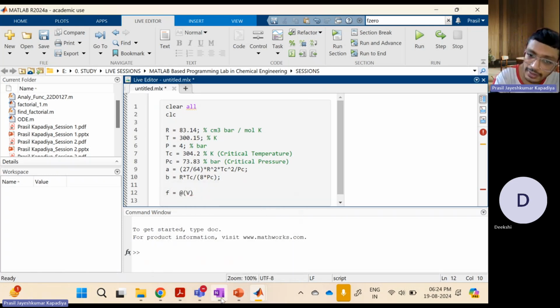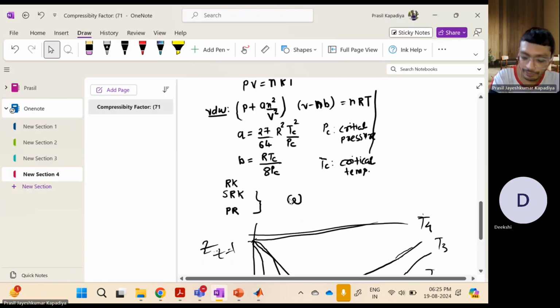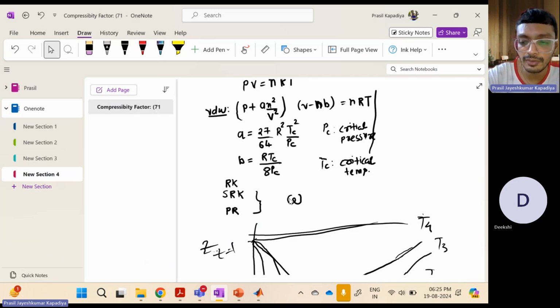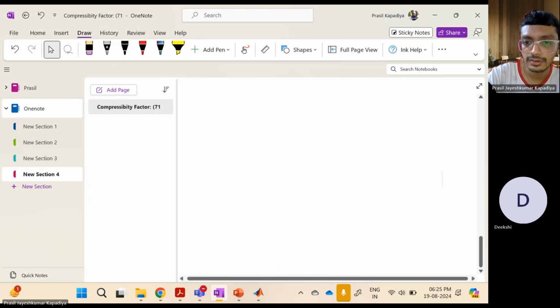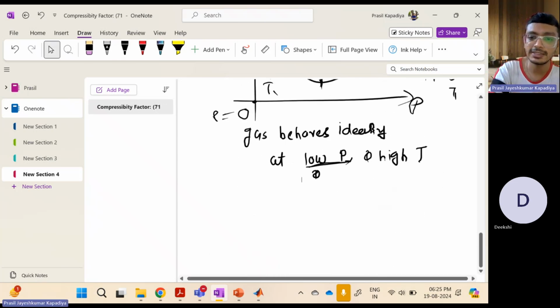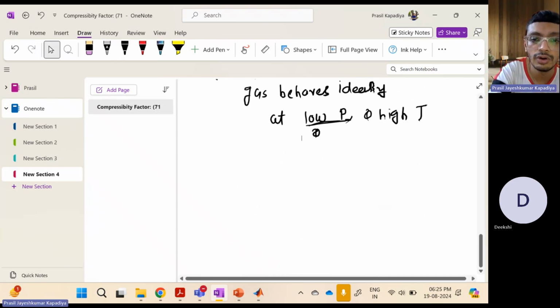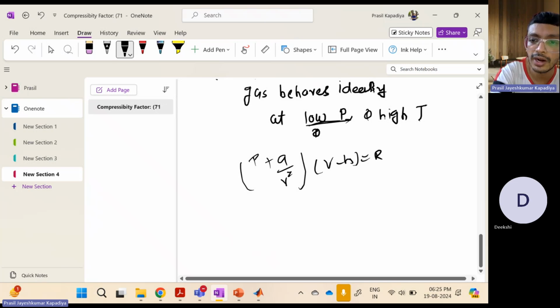Let's try to simplify this equation. For now take n is equal to 1. So P plus A by V square, V minus B is equal to RT. I can write P plus A by V square is equal to RT divided by V minus B.